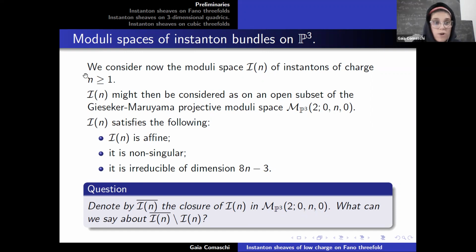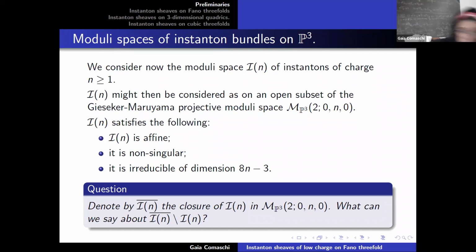Since for n bigger than or equal to 1 we have stable objects, and since the instanton condition is open in the moduli space, E_n can be considered as an open subset in the projective moduli space obtained by the Gieseker-Maruyama compactification. Moreover, it is possible to prove that this space E_n satisfies the following properties: it is affine, it is non-singular, and it is irreducible of dimension 8n minus 3.